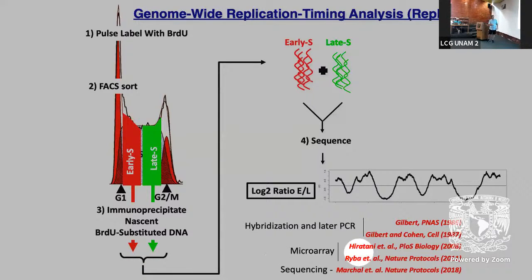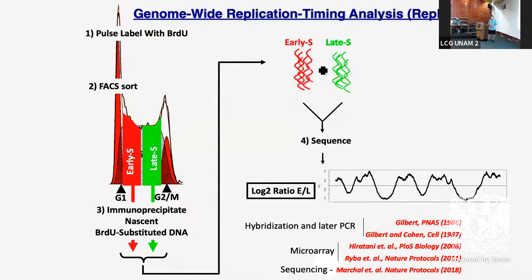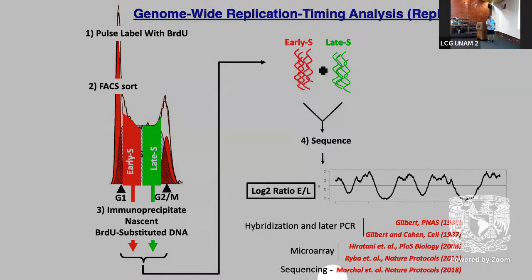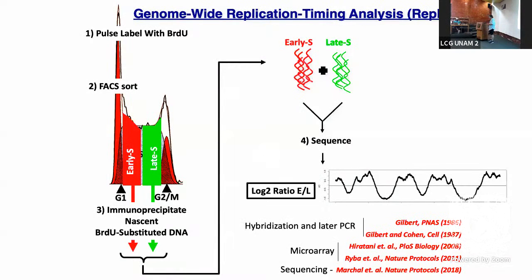And then in the beginning of the 21st century, we started to have microarray and then sequencing. But in all of the cases where we do genomics, microarray and sequencing, we display the data as a log2 ratio of enrichment of any given bin along the length of a chromosome in early to late. So higher on the y-axis is going to be earlier replicating, lower on the y-axis is late replicating. You're going to see a lot of plots that look like this.